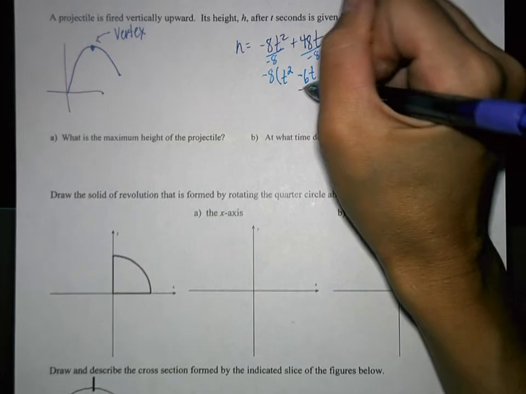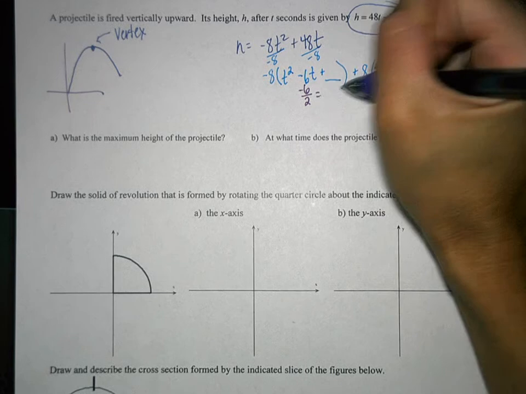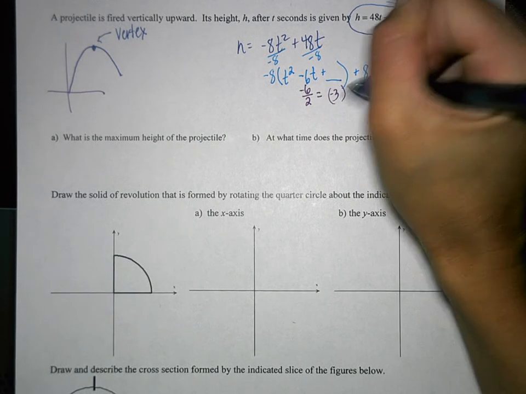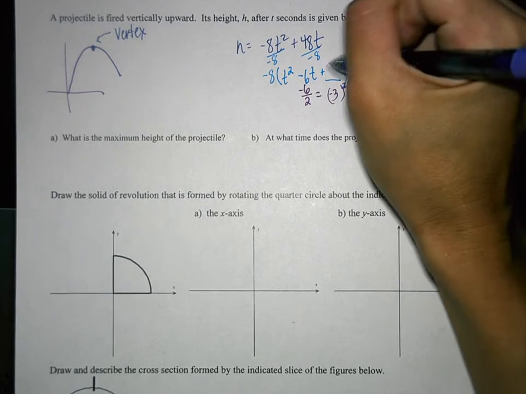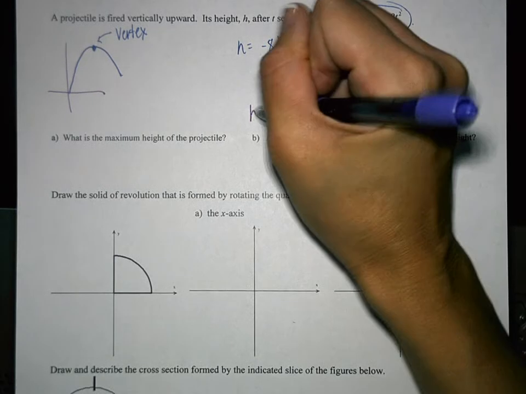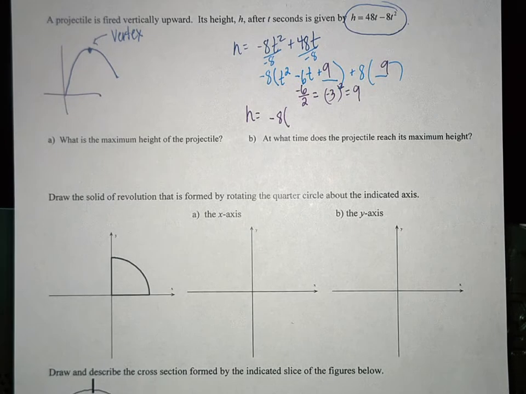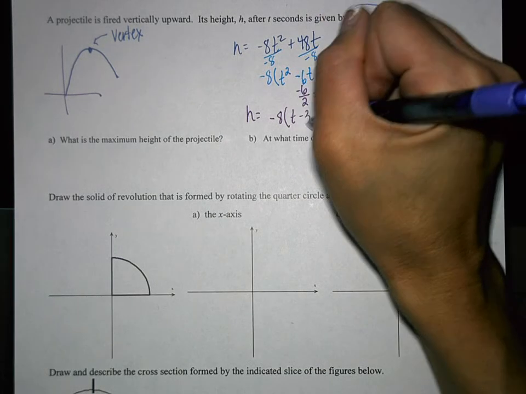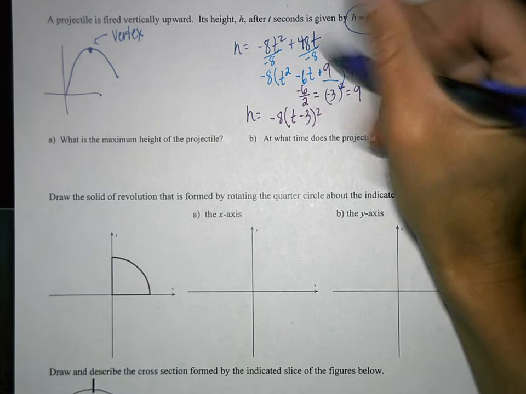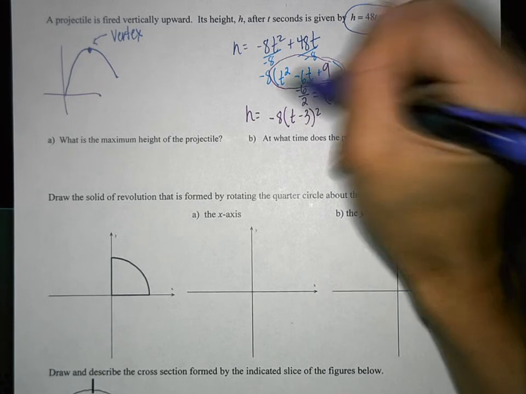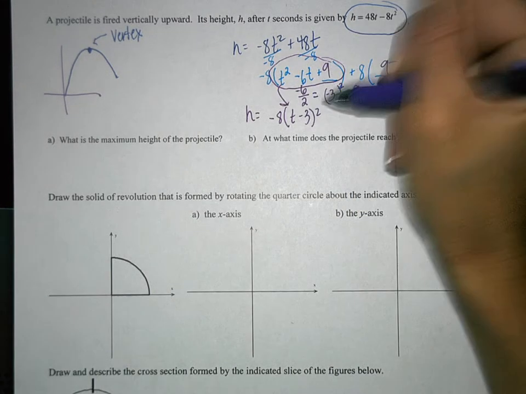Good. Negative 6 divided by 2 is negative 3, and negative 3 squared is 9. So my equation is h equals negative 8. What is my square going to be? Good. t minus 3 squared. So remember this part right here factors to be that. And it's always this half number.